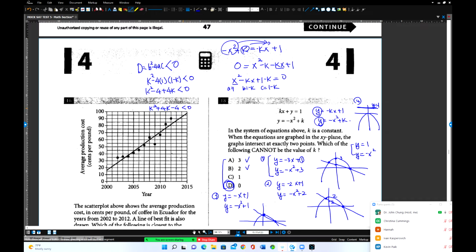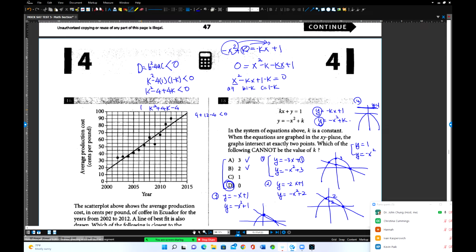Oops, this is not factorable, right? Okay, we have to plug in numbers there. When you put this number 3, check it out. When k equals 3, 9 plus 4 times 3 is 12, minus 4. Is this less than 0? It's not less than 0, right? Greater than 0.